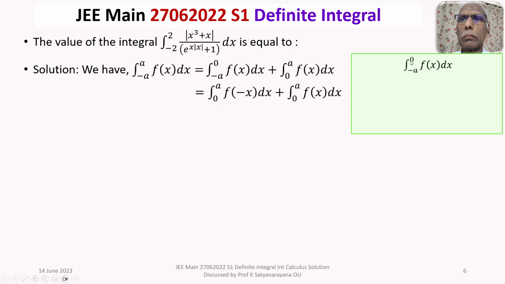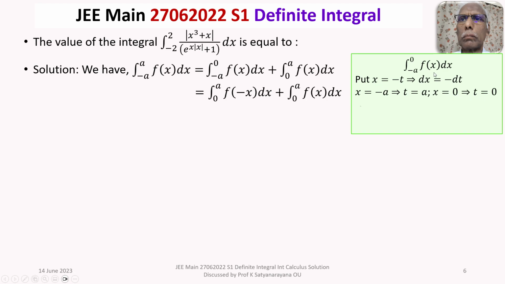So this is the one, integral minus a to 0 f of x dx. Now to write this one as this one, we substitute x is equal to minus t, t is the new variable. This will imply dx is equal to minus dt. Because it is a definite integral, what happens to the limits? When x is equal to minus a, minus t is equal to minus a, then t will be a. When x is equal to 0, t will be 0.